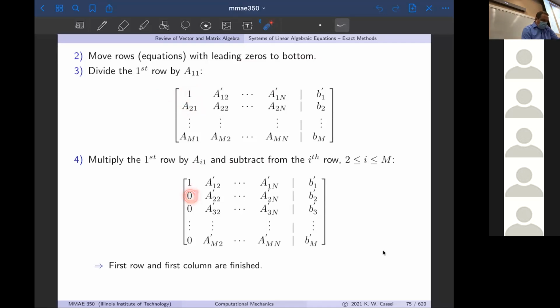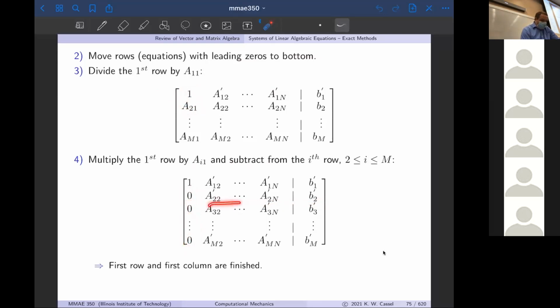Now, obviously, I have to do that all the way across, and that's the tedious part of this. So I do it all the way across, multiply, and then add or subtract another row, but that gives me now a 0 in the second row, first column. Then I do the same thing for the third row, fourth row, fifth row, all the way down to the nth row.